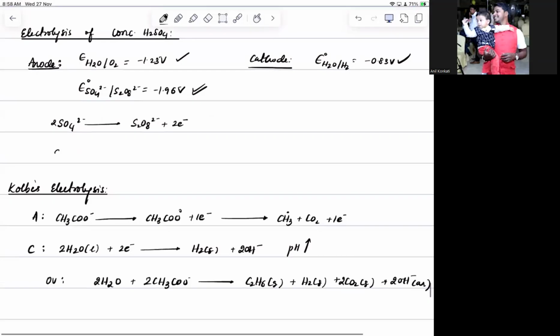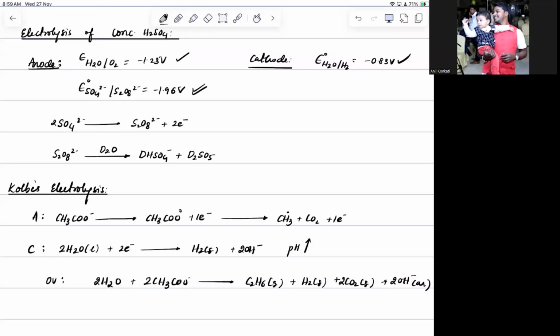Now imagine this, if you get a solution of S2O8 2 minus, then by chance you add it to heavy water. If you add it to heavy water, then first you will get DHSO4 minus plus DHSO4 minus, then D2SO5.